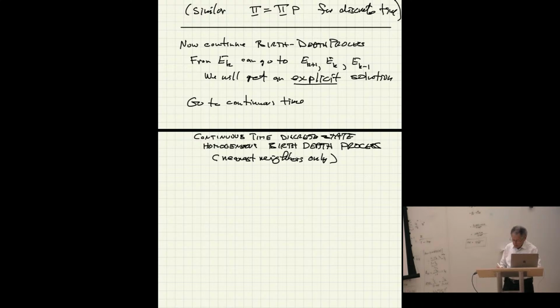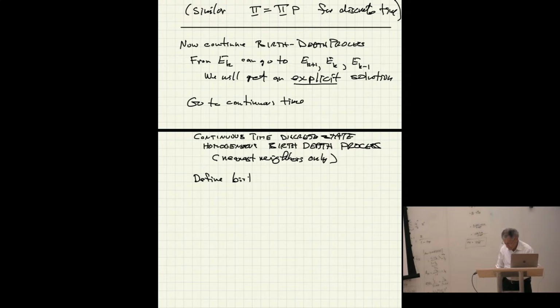I want to give you a heads up as to where some of the physics of the system goes. So nearest neighbor only. I'm going to start off by defining the following. Not the probability of a birth in discrete time, but the rate at which births occur in continuous time.